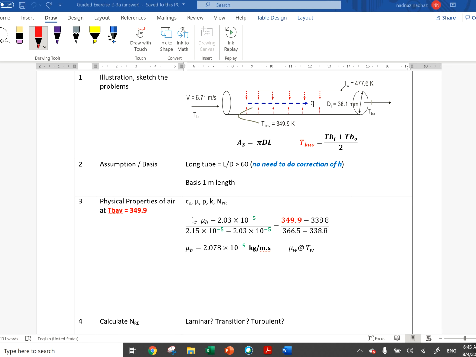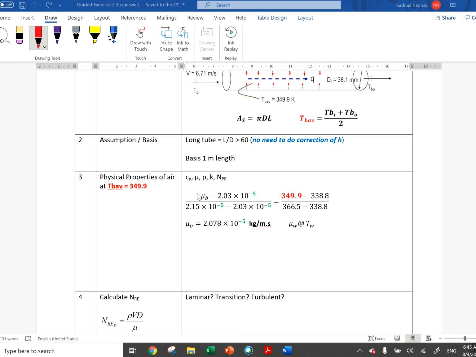The rest you can just write down your answer for Cp, rho, K, and also Prandtl number. Otherwise you will not get the complete mark if you don't show at least one of the interpolations.